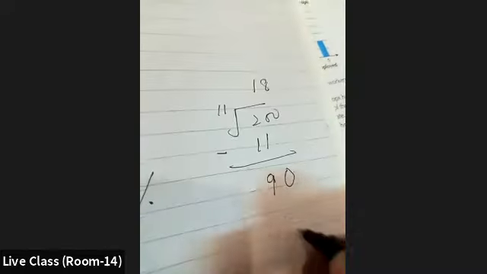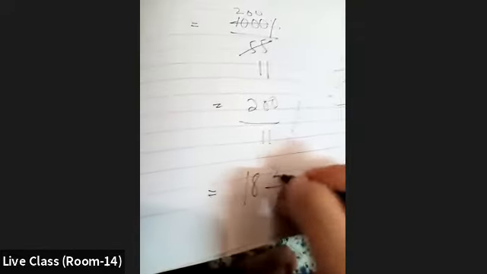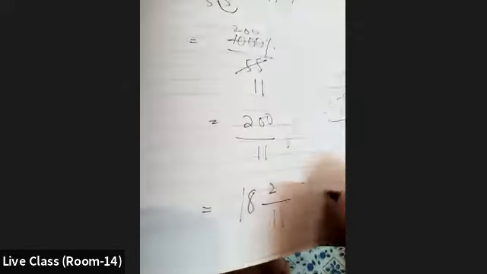11, 1, 11, 90, 88 minus 2. Okay, Zanan beta, so your answer is 18 2/11%.